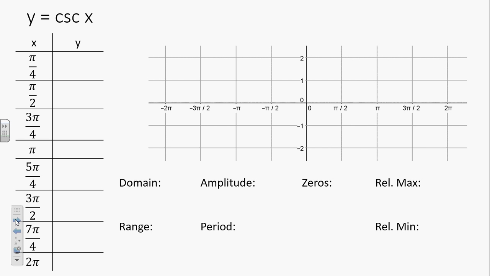So for the cosecant, let's think about what the sine was at pi over 4. Square root of 2 over 2, right? Square root of 2 over 2 flipped will be just plain old square root of 2, won't it? What's the square root of 2 as a decimal? 1.4. So this is going to be about equal to 1.4.